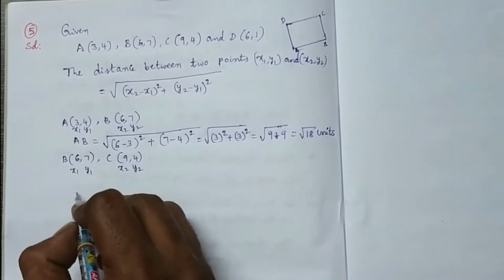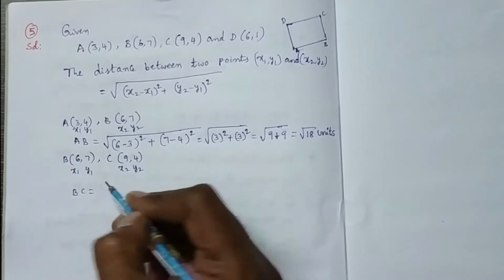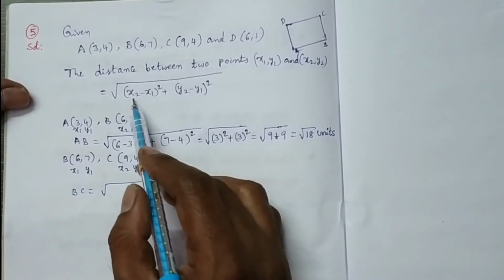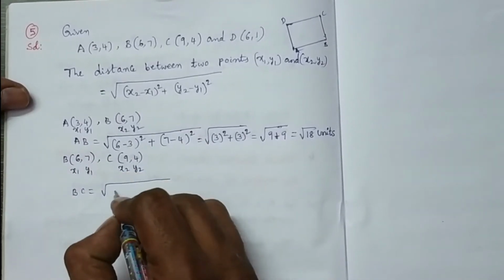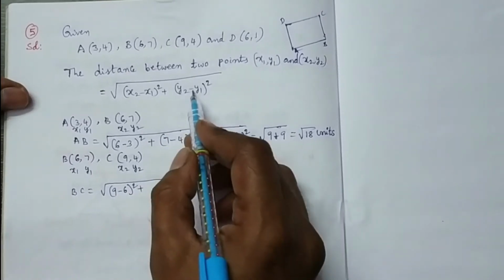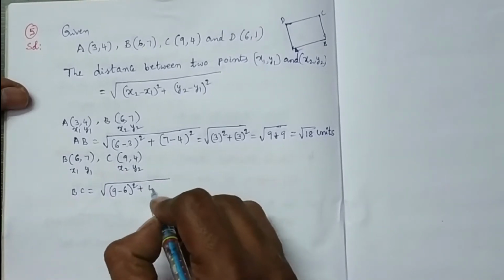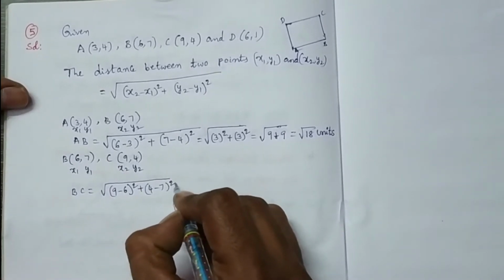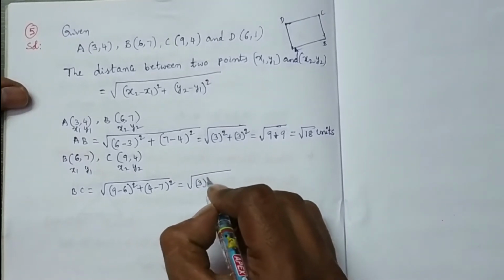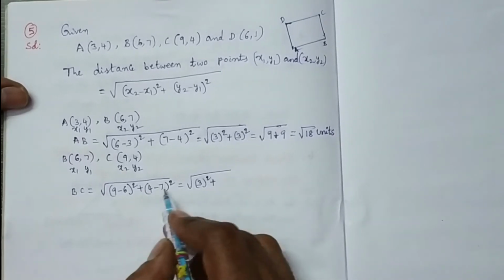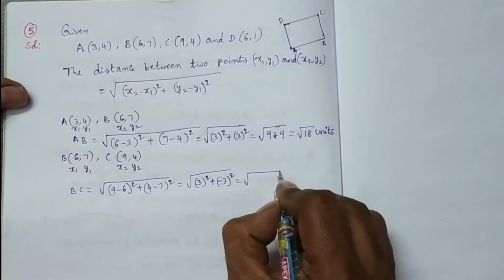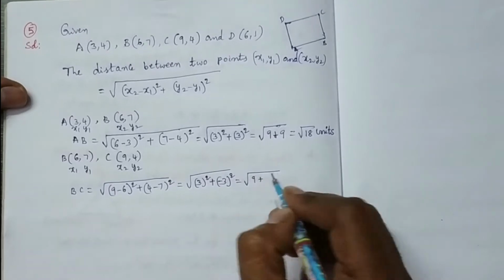Substituting in the formula: 9 minus 6 whole square plus 4 minus 7 whole square, that is square root of 3 whole square plus minus 3 whole square. 3 square is 9, minus 3 whole square is also 9.